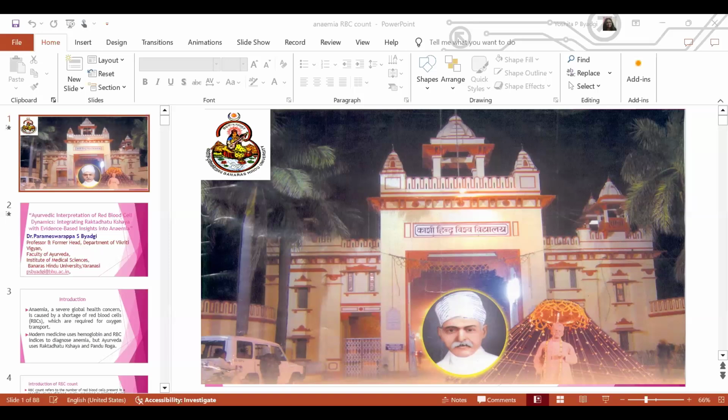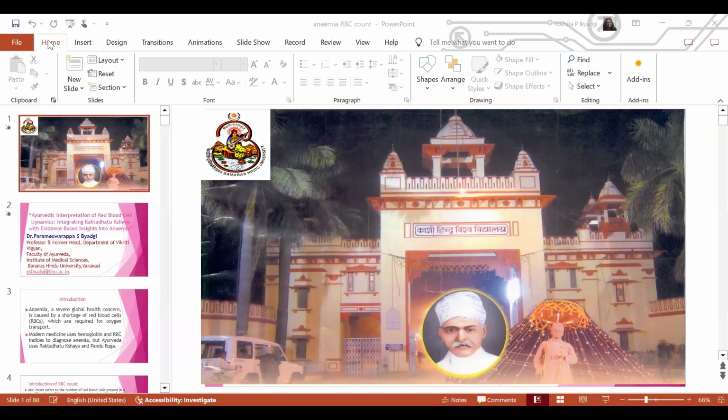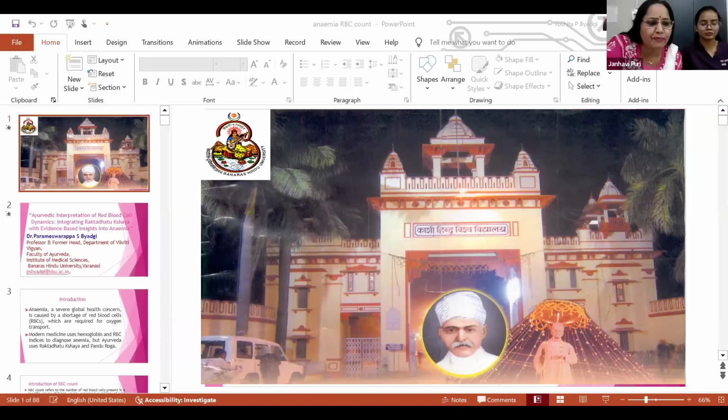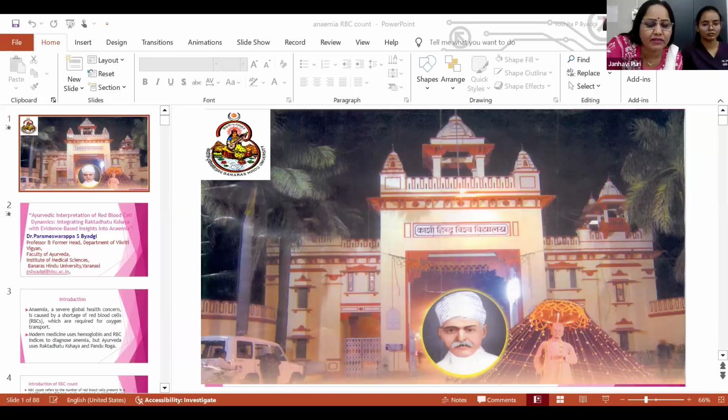Sir, the PPTs are not visible. I think you selected the screen wrongly, maybe because multiple screen sharing is there.